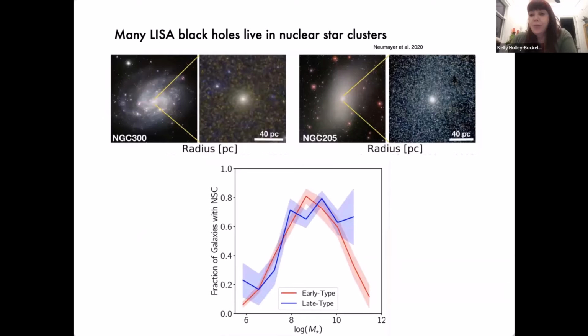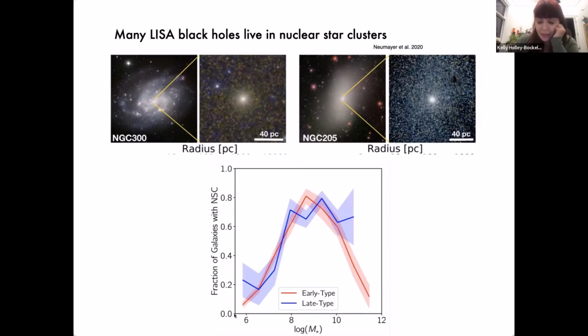Of the large galaxies, one characteristic is that many of the black holes found in LISA that sit at the centers of galaxies live in the type of galaxies that have nuclear star clusters. So this is an example of a nice spiral galaxy that at the center has a nuclear star cluster. Here's another. This is a great review should you want to learn about nuclear star clusters.